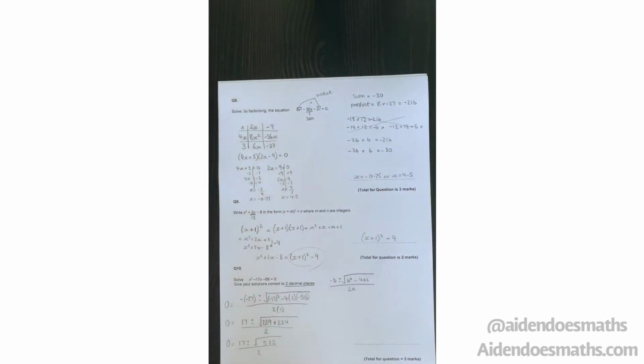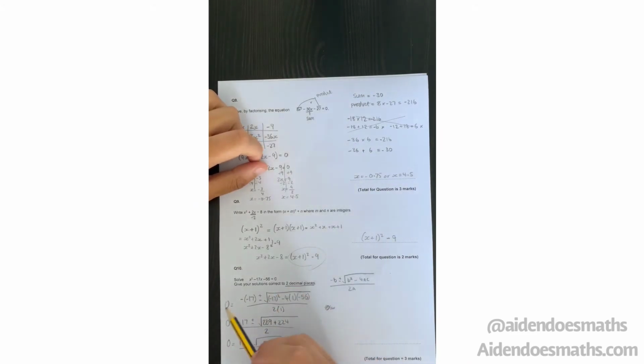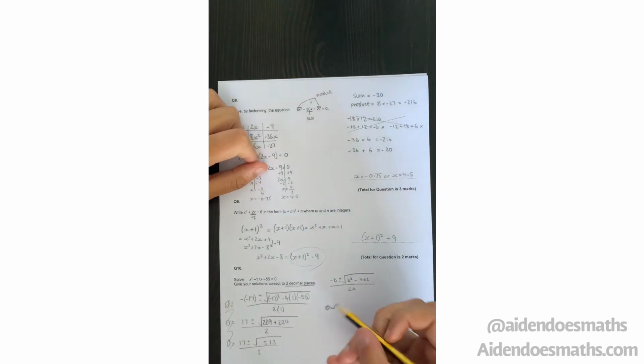So now we're going to stop simplifying. We're going to pop that into our calculator with one of the equations using the plus, and one of our equations using the minus.